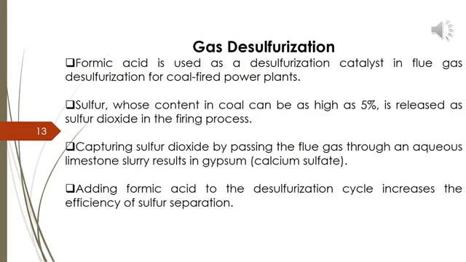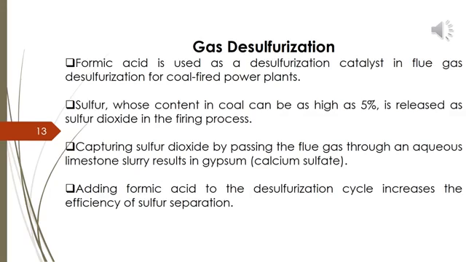Now, that sulfur dioxide is captured by passing the flue gas through an aqueous limestone slurry, resulting in gypsum. Gypsum is calcium sulfate. When flue gas is passed through the limestone slurry, it captures sulfur dioxide, which makes an adduct with the limestone slurry. They will make calcium sulfate, so sulfur will be removed from the medium.